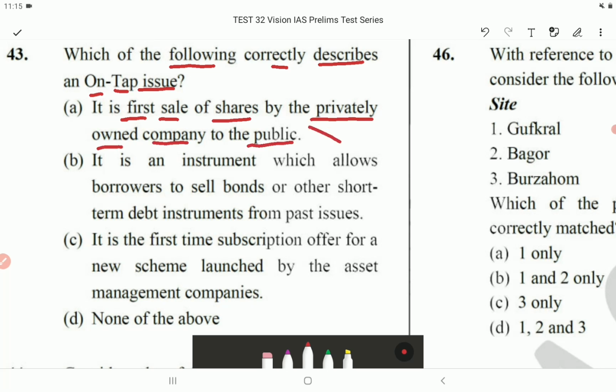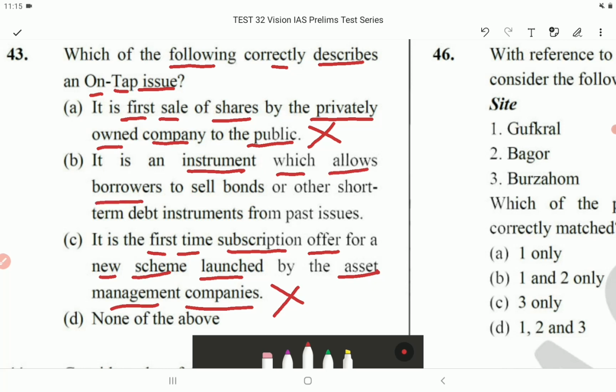This is incorrect. Option C. It is the first time subscription offer for a new scheme launched by the asset management companies. This is also incorrect. Option B. It is an instrument which allows borrowers to sell bonds or other short-term debt instruments from past issues.